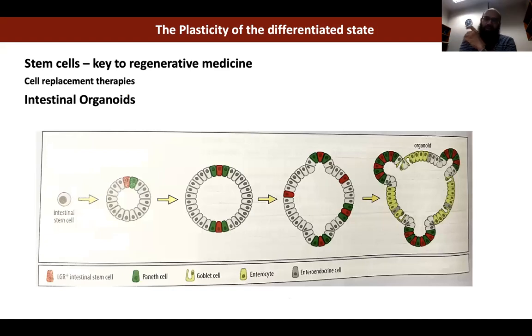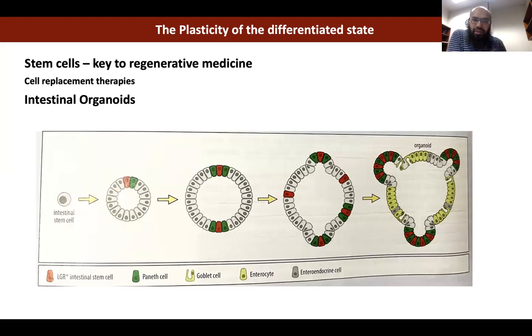So how does this organoid grow? You take a single intestinal stem cell from the bottom of the crypt, and you let it grow. Of course, stem cells, as we learned earlier, have this asymmetric cell division. So when it grows, it divides from one to two cells.